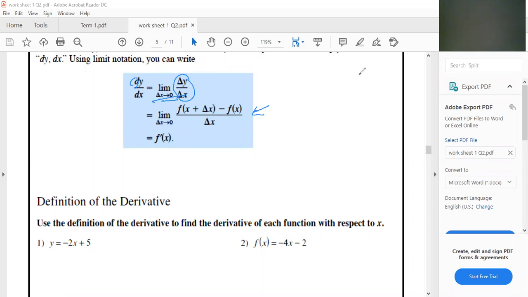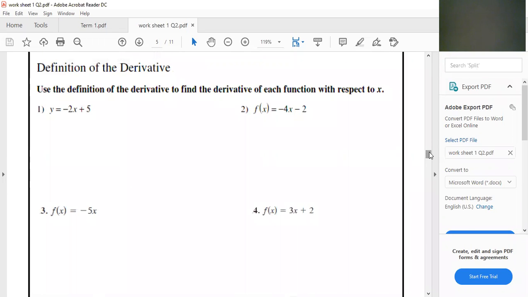Look here, how to solve problems or exercises in this lesson. Use the definition. If I ask you to use the definition to find the derivative, I have to use it, because I show you many ways to find the derivative. The first way is the definition.